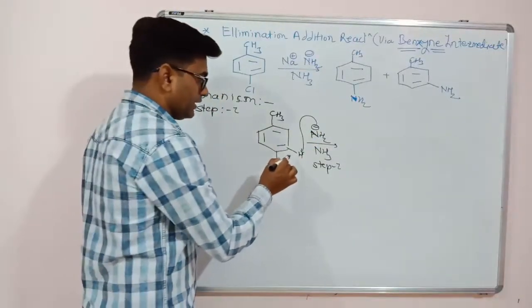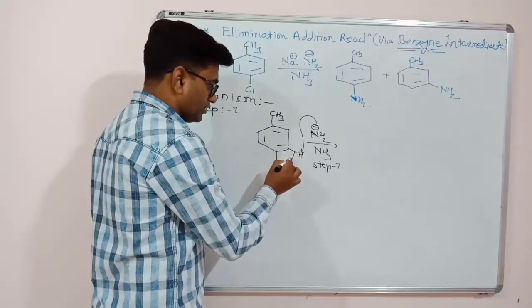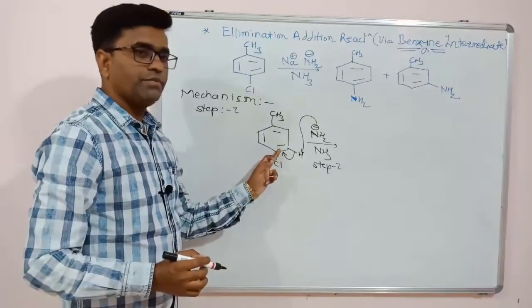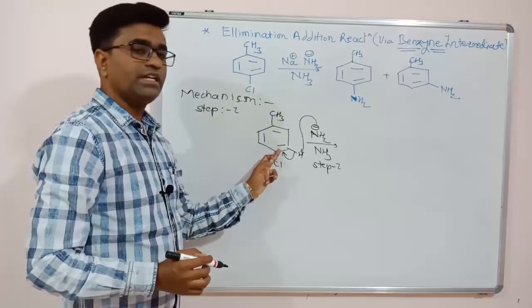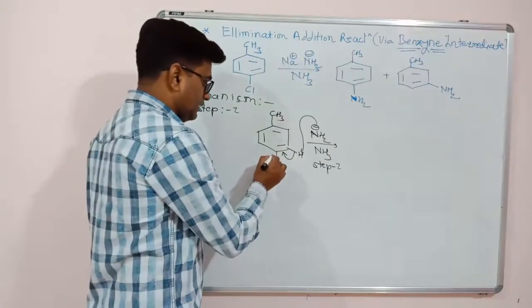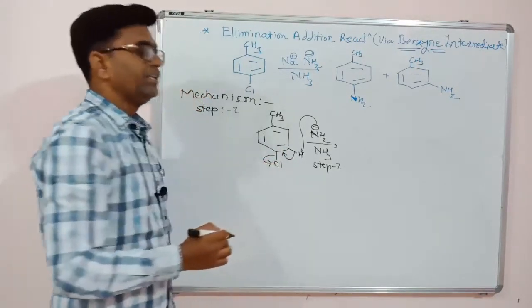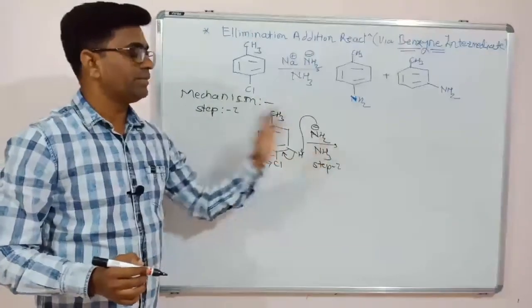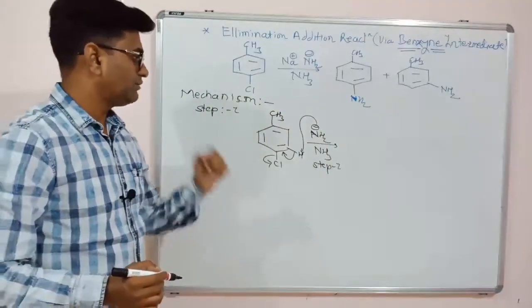The sigma bond breaks, and the sigma bonding electrons go over here to form another pi bond. Previously it was a double bond, and now it becomes a triple bond, and Cl- leaves. Cl- forms an ionic bond with Na+. NaCl is a byproduct, salt as a byproduct.